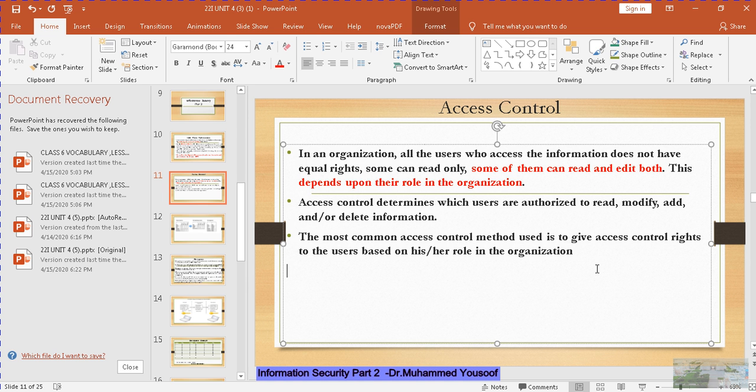So the data is accessible only according to the role and nature of your job. If the nature of the job needs you to write some new information, then you can write. I think this is about access control. I think it is clear.